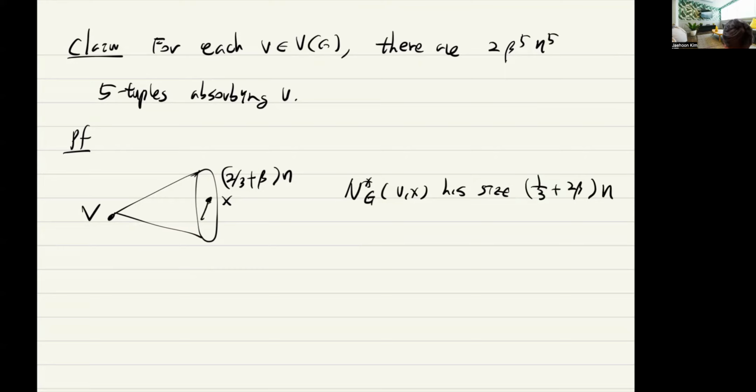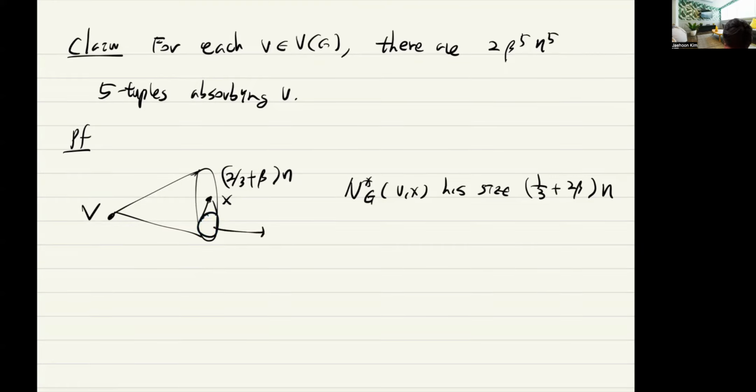And there, let's say this is U, and the minimum degree of this is at least 3 beta n, because for each vertex here, the common neighborhood of all three of them is at least 3 beta n. So this vertex has at least 3 beta n neighbors here.